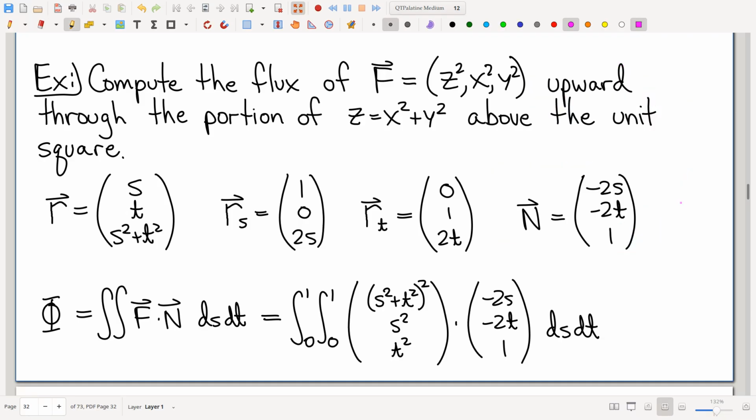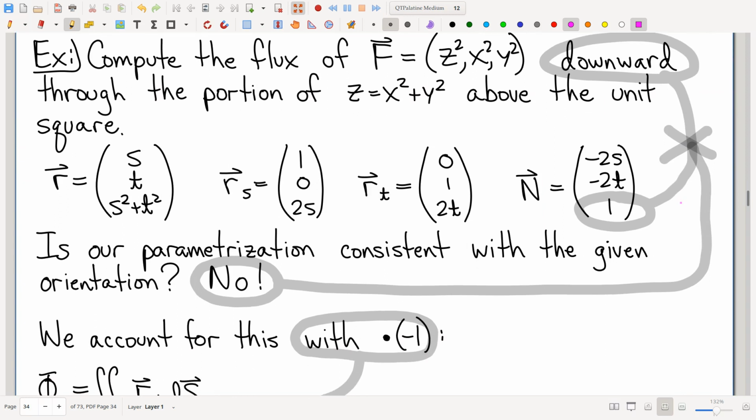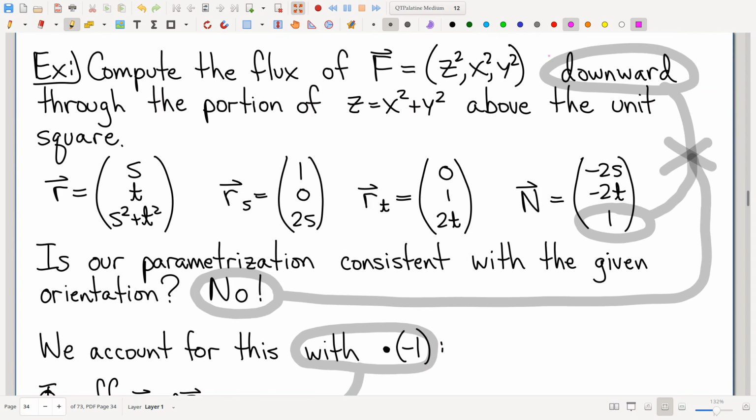And so this next example is practically the same example, almost exactly the same example. This time, though, given as oriented downward. Same vector field, same surface, same unit square, all the same. This time, though, oriented downward. Okay, so now, did I get it right or did I get it wrong? Well, I chose this parameterization, kind of hard to tell.